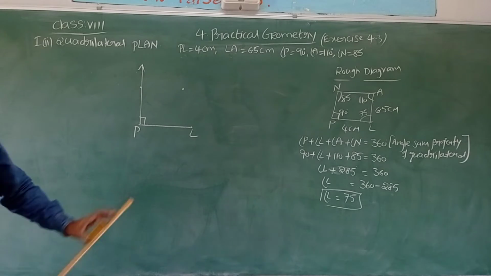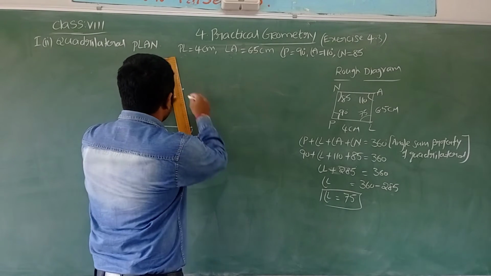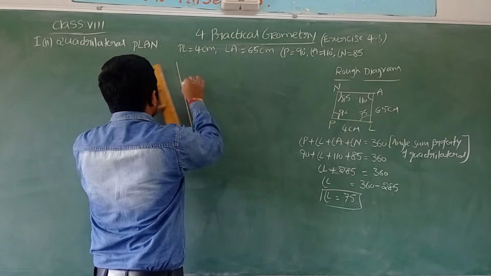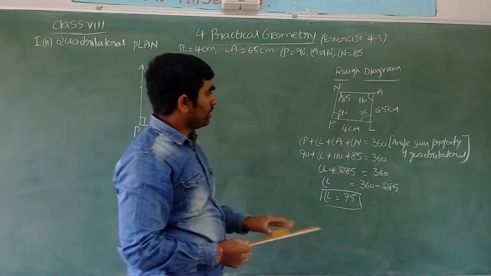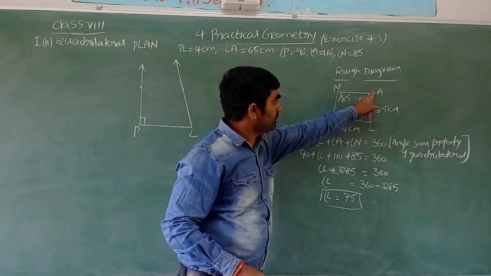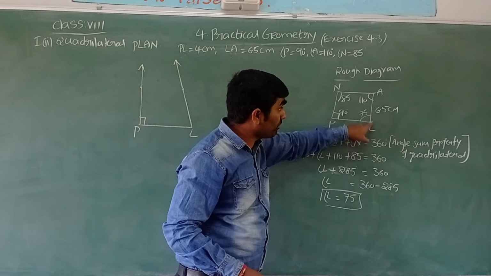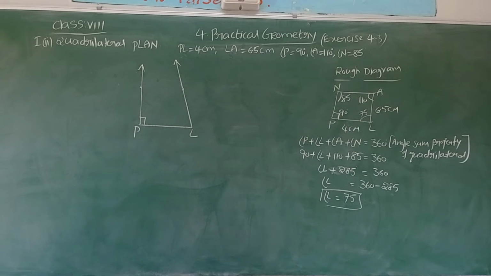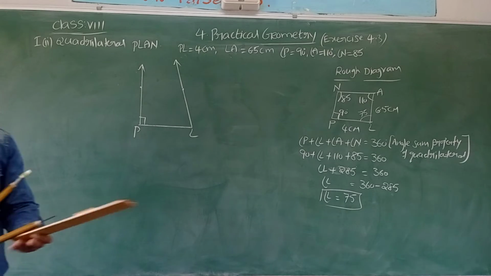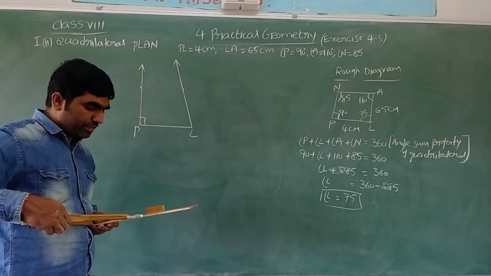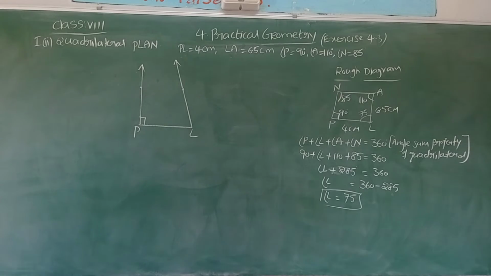Now you can draw one ray by joining the vertex and L. Here we have a line segment of length 6.5 centimeters. A is the vertex which is 6.5 centimeters away from vertex L. Now by taking the compass, set the compass length to 6.5 centimeters.